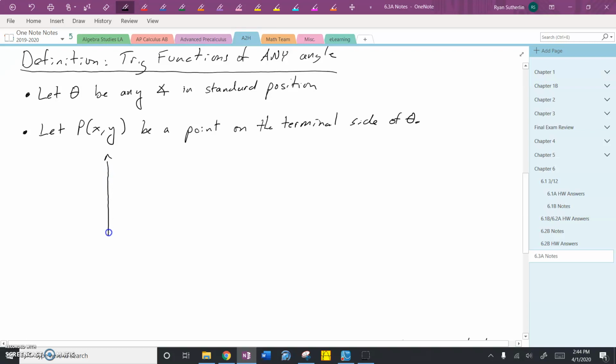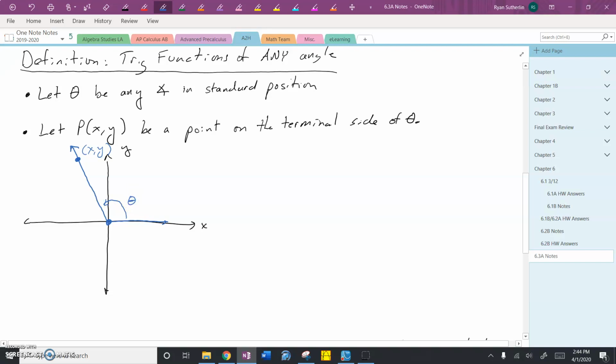So if I were to draw an xy coordinate system and draw an angle in standard position, we would have the initial side on the x-axis, and let's put the terminal side in quadrant 2, and let's have this be my point (x, y). So this is theta.